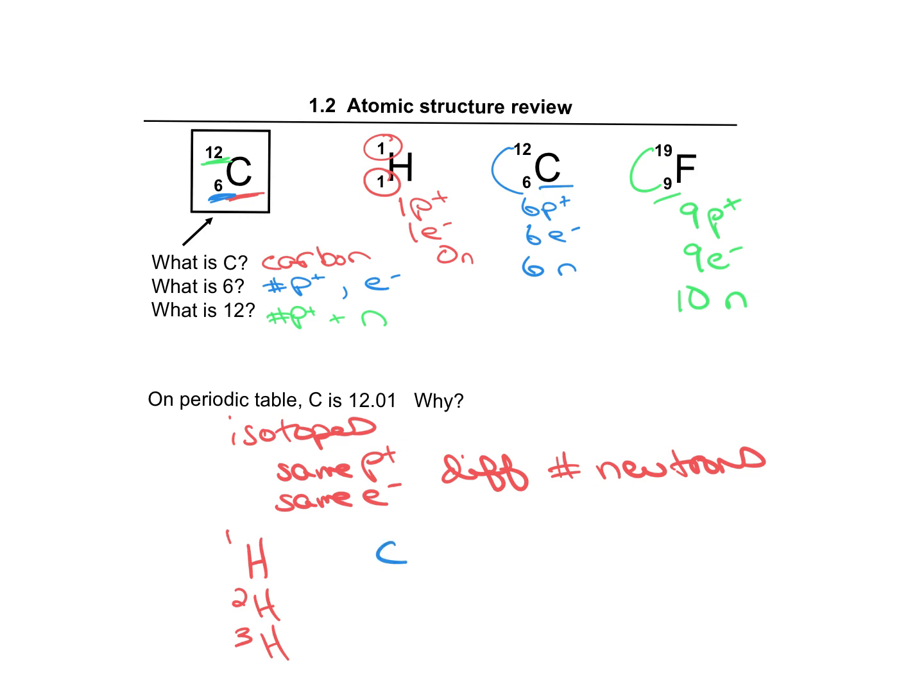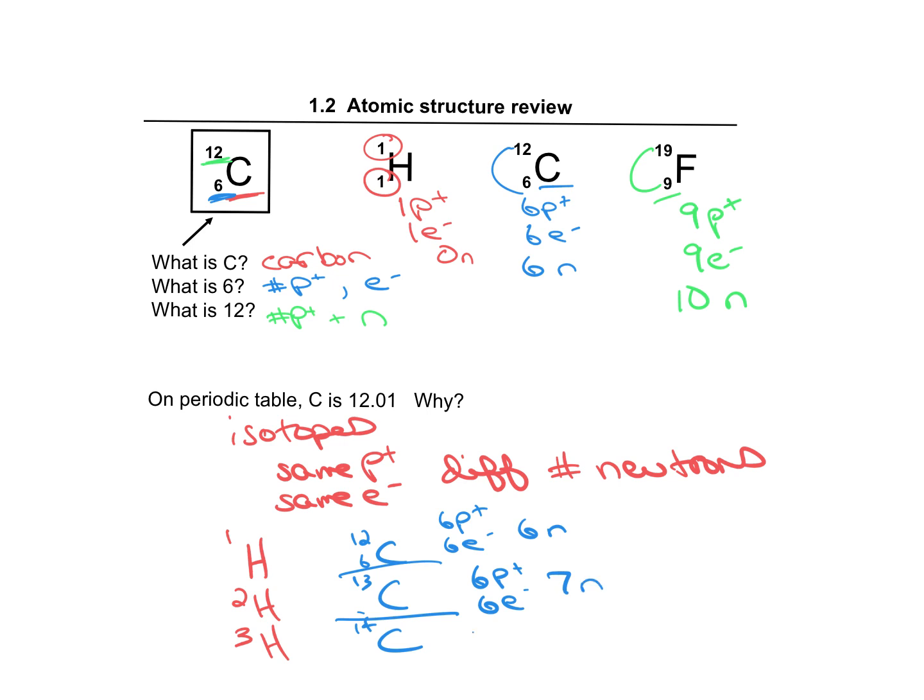Carbon exists as C12, C13, and C14. Knowing that we have an atomic number of 6, that means in the first case we have 6 protons, 6 electrons, and 6 neutrons. In our second example, it's still 6 protons and 6 electrons, but now we have 7 neutrons.